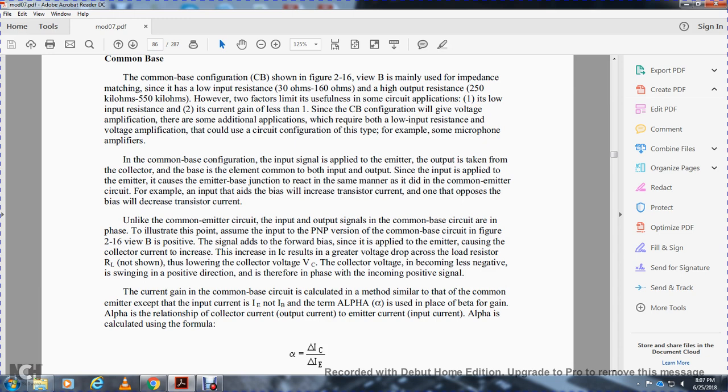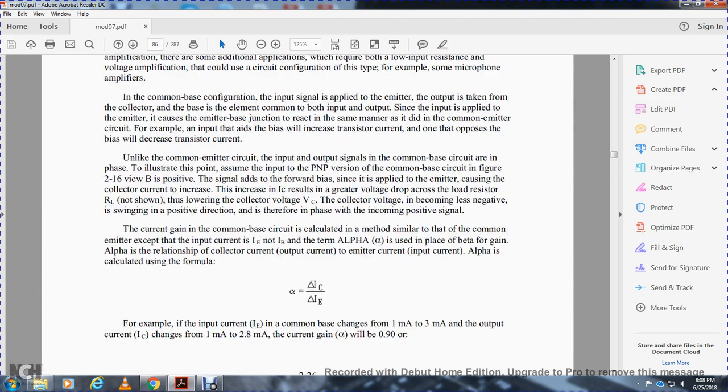The current gain in the common base circuit is calculated with the same method as the common emitter, except that the input signal current is IE, not IB. The term alpha is used in place of beta for the gain, and it relates the output collector current to the input emitter current.